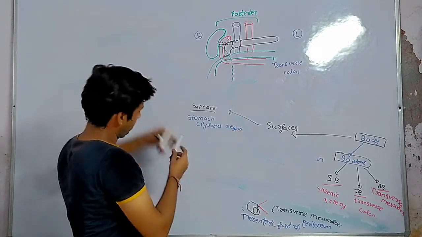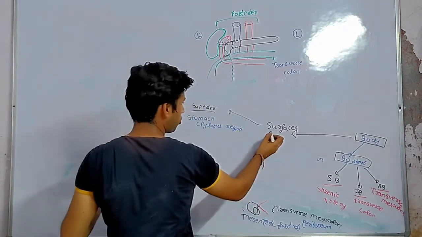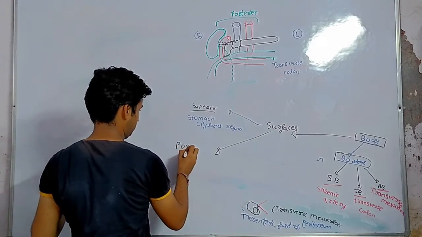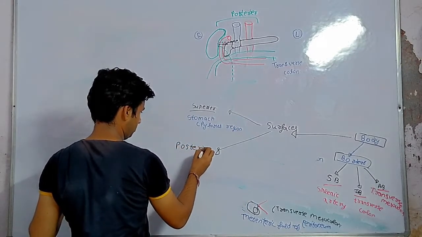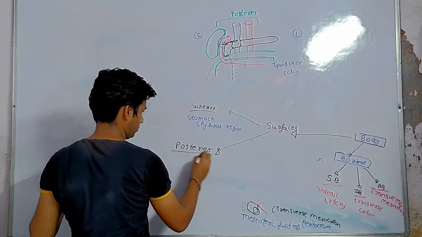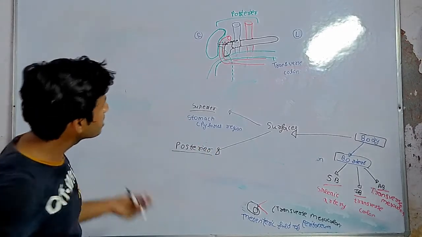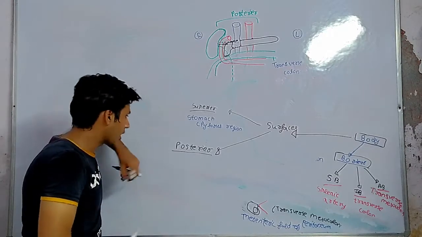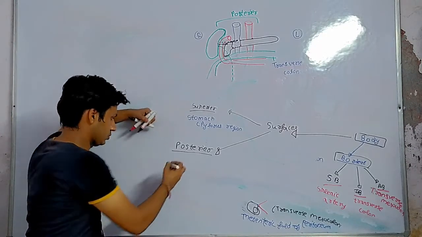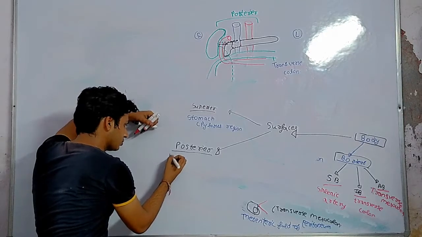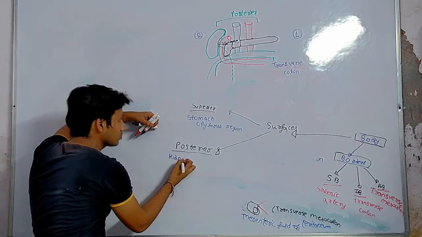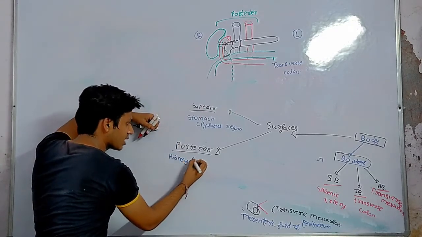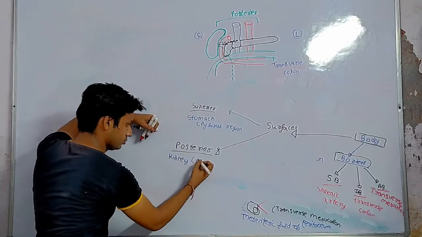And the posterior surface. Remember, the posterior surface has many things. Kidneys and other things come in the posterior surface. Posteriorly we have kidneys, basically, this time the left kidney.